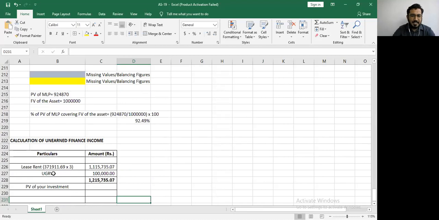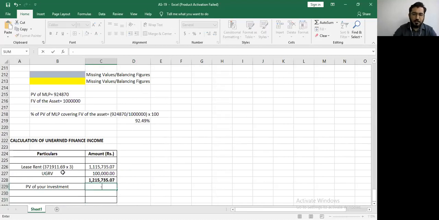So your present value of investment comes to how much? 10 lakh rupees. Let's deduct that. Present value of investment is 10 lakhs. The remaining part is unearned finance income, which means 12 lakh 15,735 minus 10 lakhs.